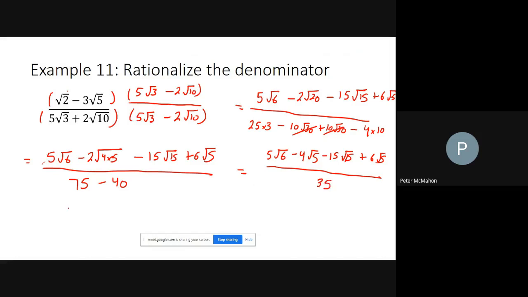All right, so a little bit more, 5 root 6 plus, negative 4 root 5 plus 6 root 5. I can simplify those two. So we get 5 root 6 plus 2 root 5 minus 15 root 15 all over 35, like that. And that is my simplified answer.